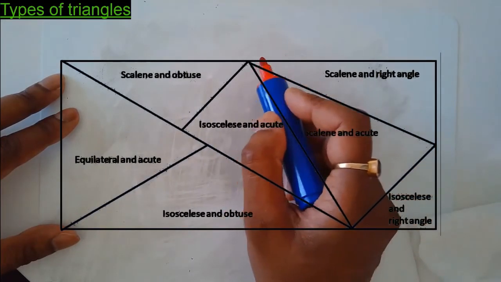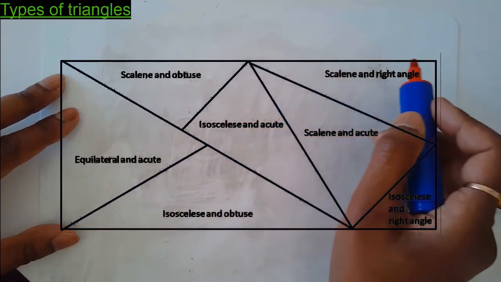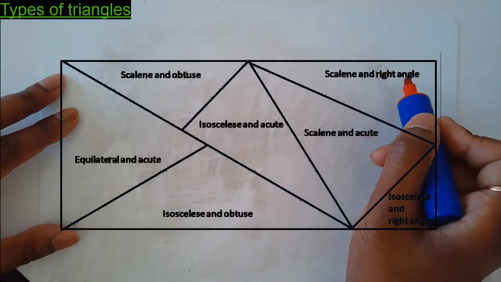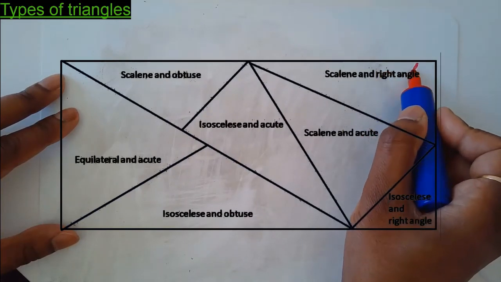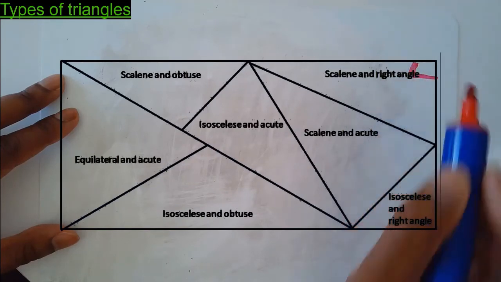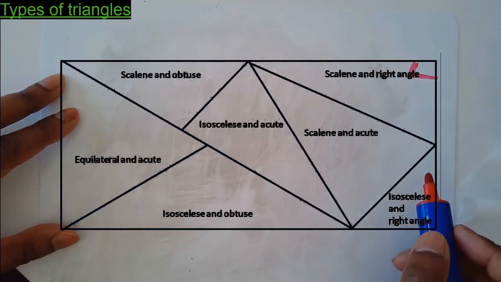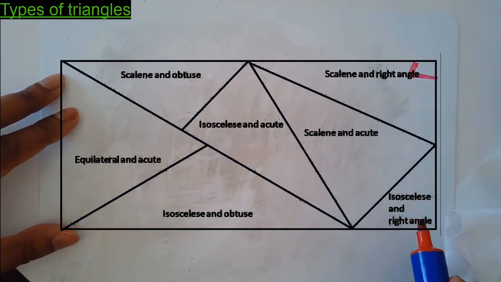Right, this one over here, it's scalene because all three sides are different sizes, and it's a right angle triangle because this corner over here is 90 degrees. Right, last one over here, it's also a right angle triangle because of this over here.